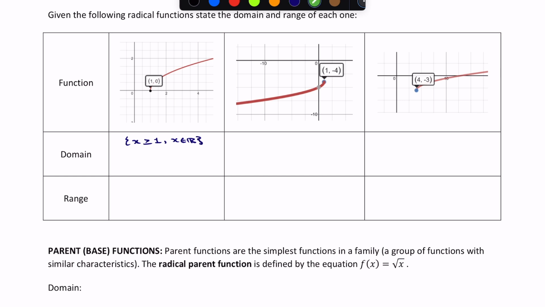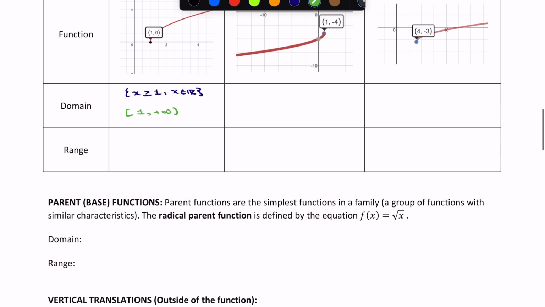Again, either notation works here. We can also write it as 1 to positive infinity. The range in this situation, again, y has to be greater than or equal to 0. Y is an element of real numbers. And so here it will be from 0 to positive infinity.